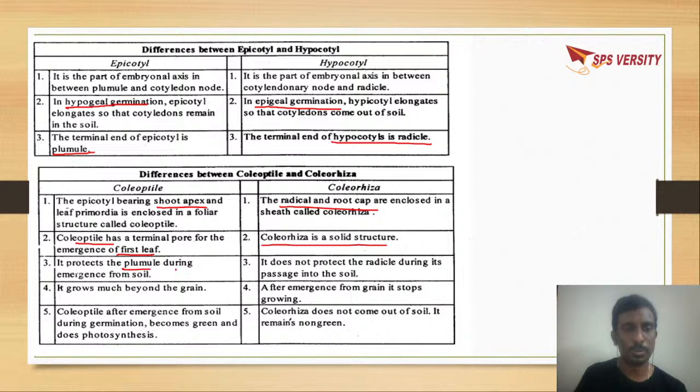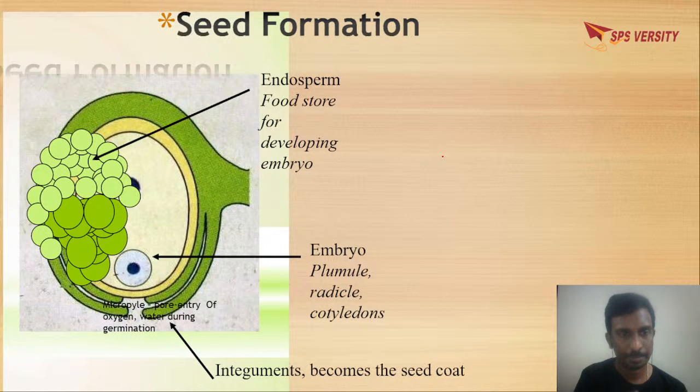It protects the plumule, and the coleorhiza protects the radicle in the soil. So these are the differences between the coleoptile and coleorhiza, epicotyl and hypocotyl.